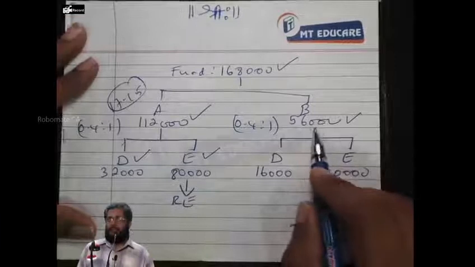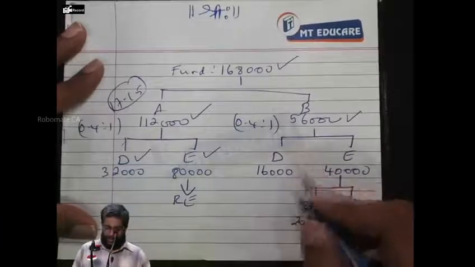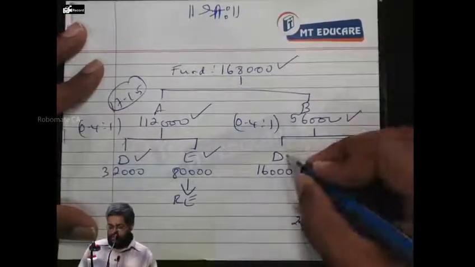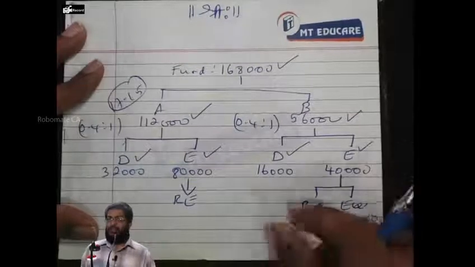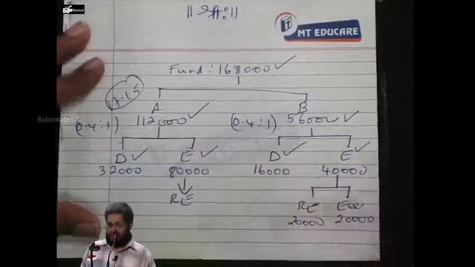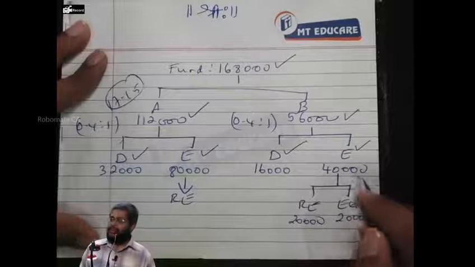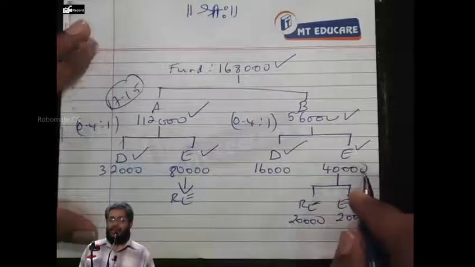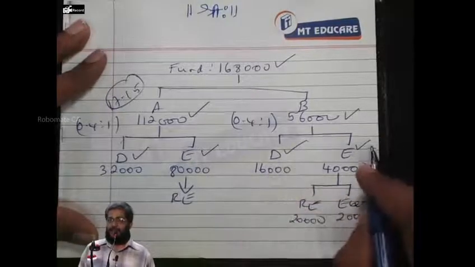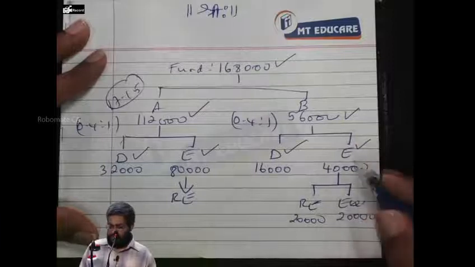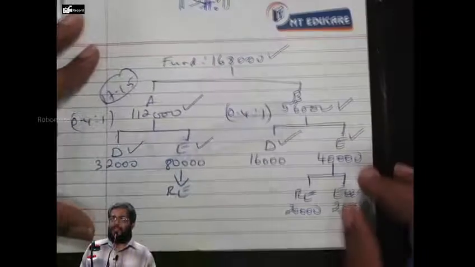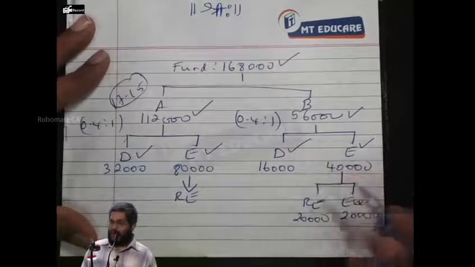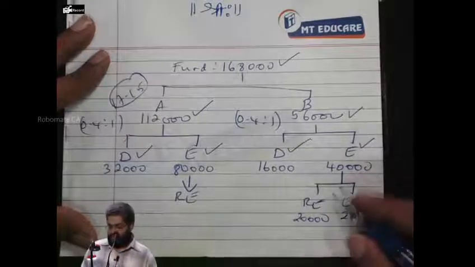B's 56,000 is branched into debt and equity: 16,000 debt and 40,000 equity. The 40,000 equity should be further classified as retained earnings equity.